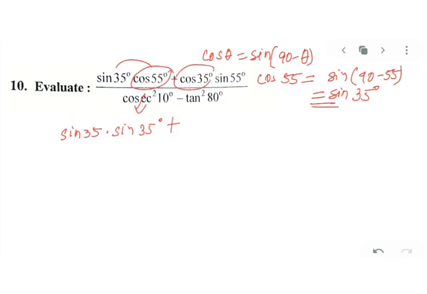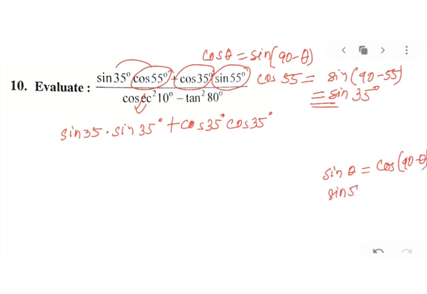So I got the value of cos 55 as sin 35. Plus I'll keep cos 35 here as it is, and instead of sin 55 I will write cos 35, because sin theta is equal to cos(90 minus theta). So that's the reason sin 55 will be equal to cos(90 minus 55), that is cos 35. Are you getting my point very clear?